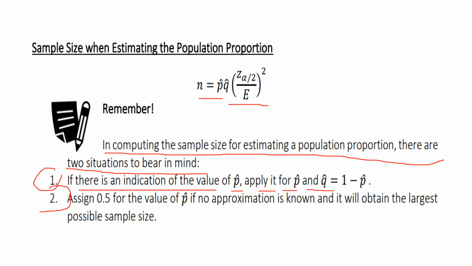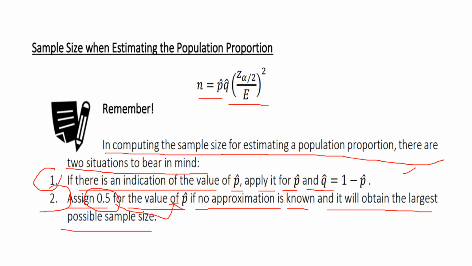For number 2, assign 0.5 for the value of p hat if no approximation is known, and it will obtain the largest possible sample size. So if there is no value given for p hat, we need to assume that your p hat is equal to 0.5.